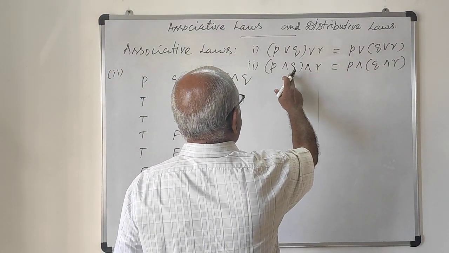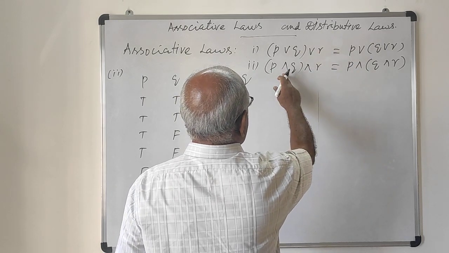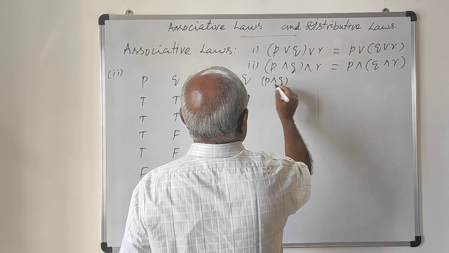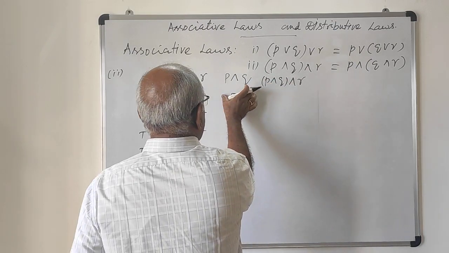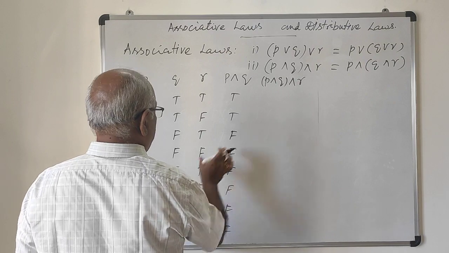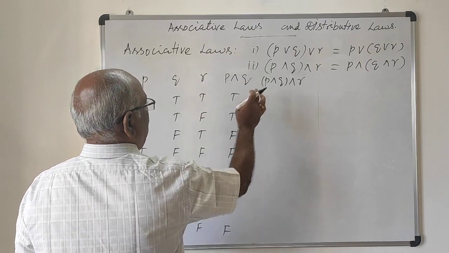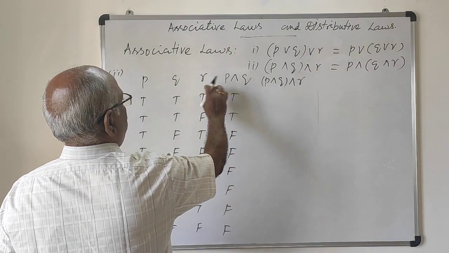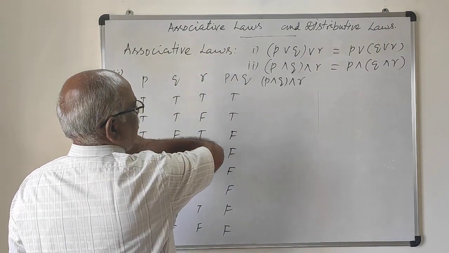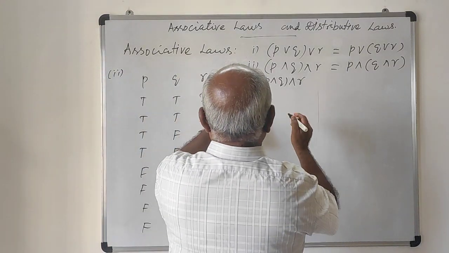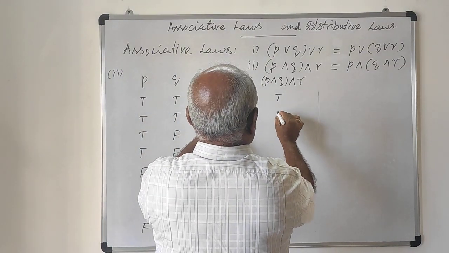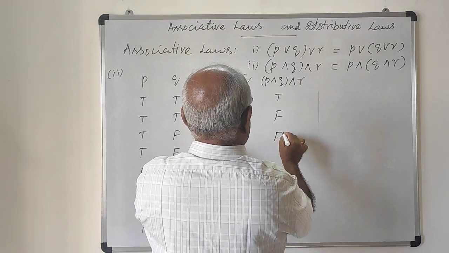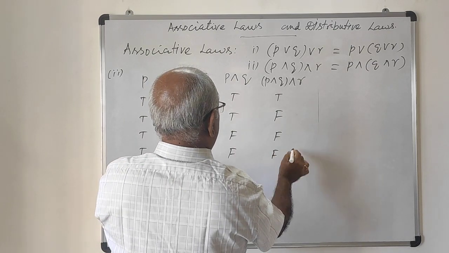Next, the left hand side, P conjunction Q conjunction R. Now P conjunction Q is here, that is the fourth column. Conjunction with the R column. You have to take these two for conjunction, P conjunction Q conjunction R. Here both are T, the truth value is T. One T, one F is F. Both are F is also F because it is conjunction.